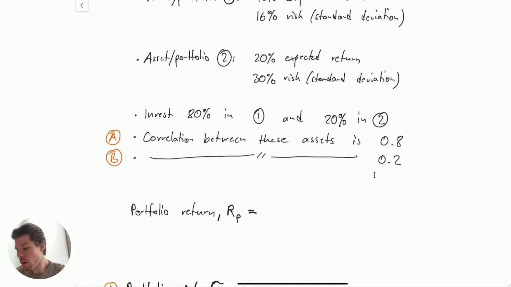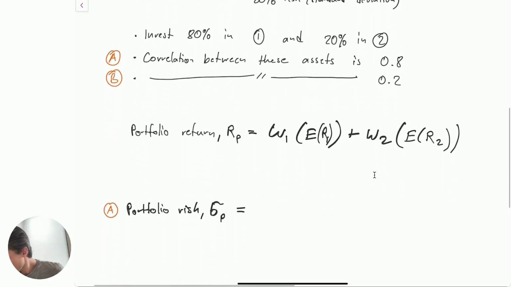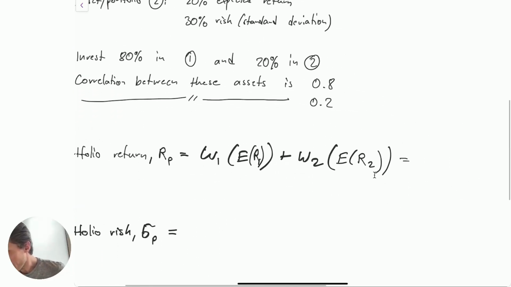Okay, let's start with portfolio return. RP equals weight 1 times expected return 1 plus weight 2 times expected return 2. And we know the weight. Here the weight is 80%.